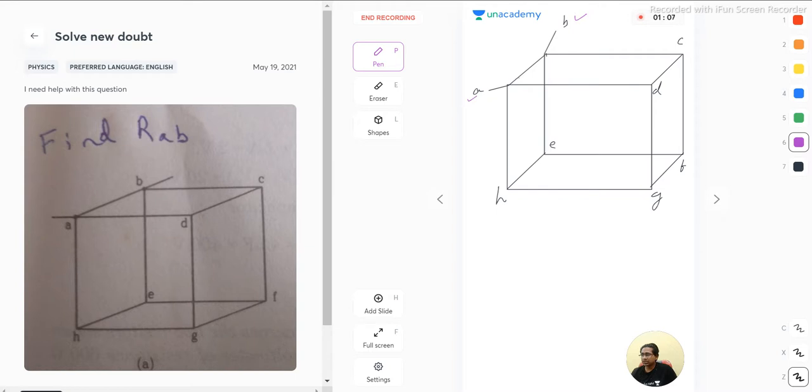On each branch, I am supposing that each branch has a resistance of R, correct? So I am taking the resistance of each branch to be the same, and it is equal to R. So this is R, this is R as well, this is R, this is R, okay, and this is also R we have, and this branch is also having the resistance R, same for these two as well.